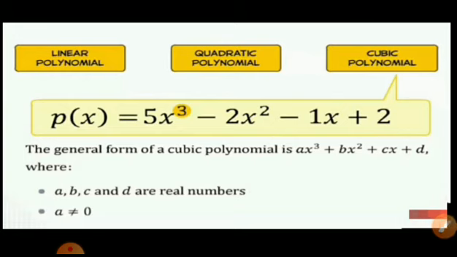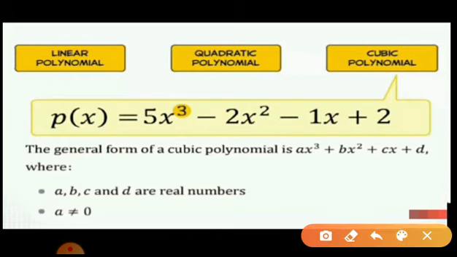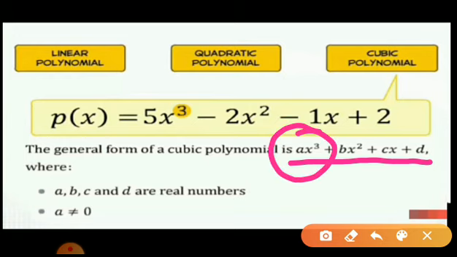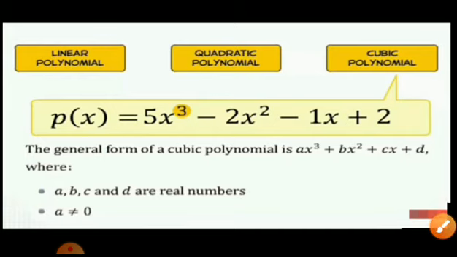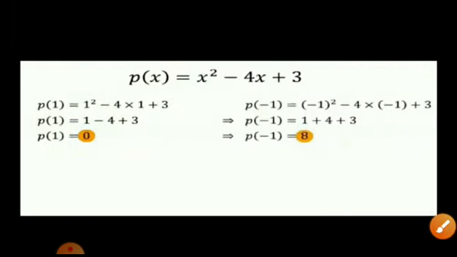Similarly, if the degree of the polynomial is 3, it is called a cubic polynomial. And the general form is ax cube plus bx square plus cx plus d, where the coefficient of x cube should not be equal to 0. Is that clear?